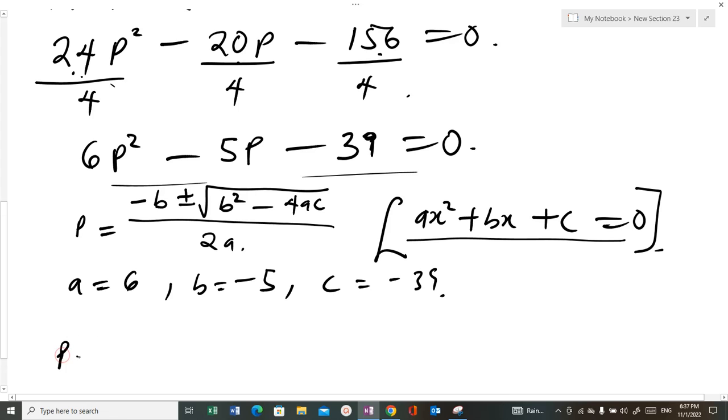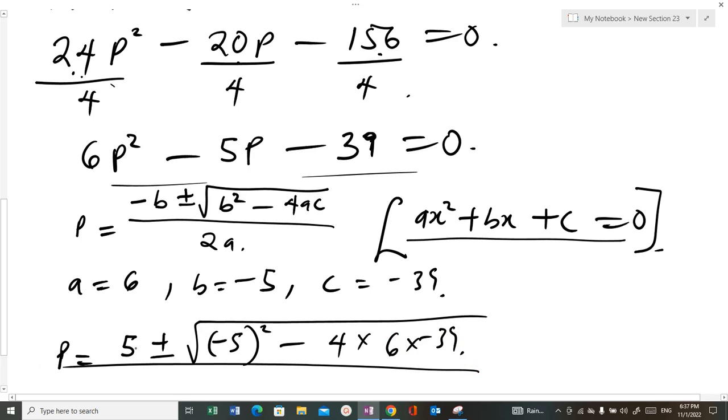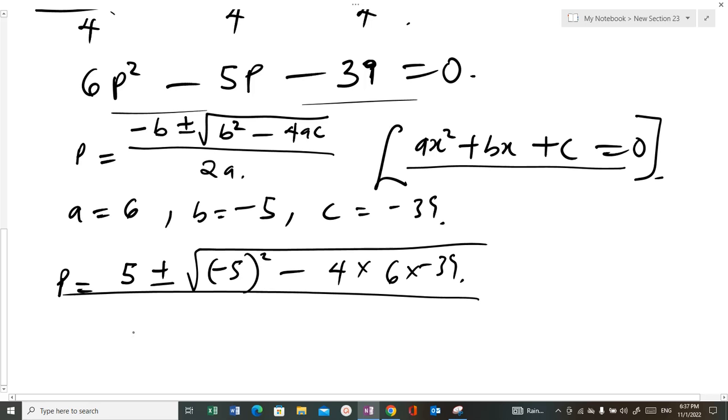Now that means p will now be minus b, which is minus minus 5, so here will be 5, plus or minus the square root of 5 squared minus 4 times 6 times minus 39, divided by 2 times 6.